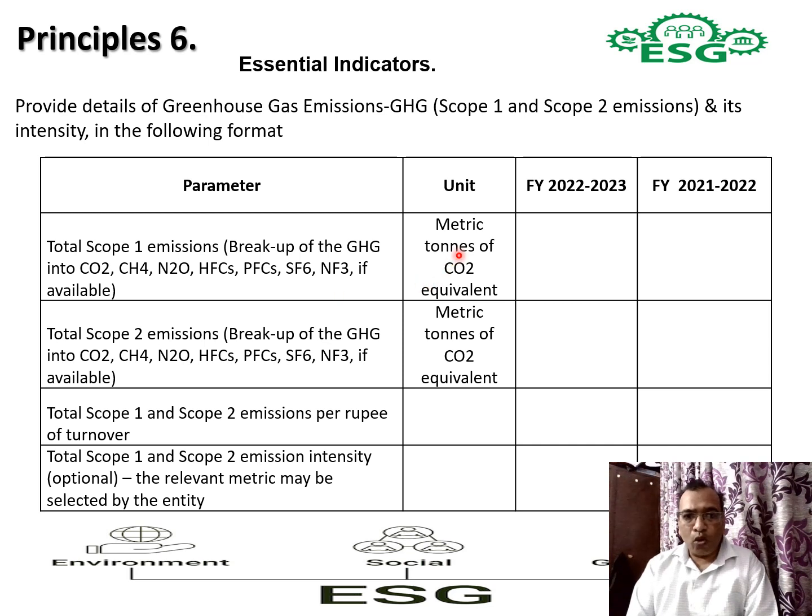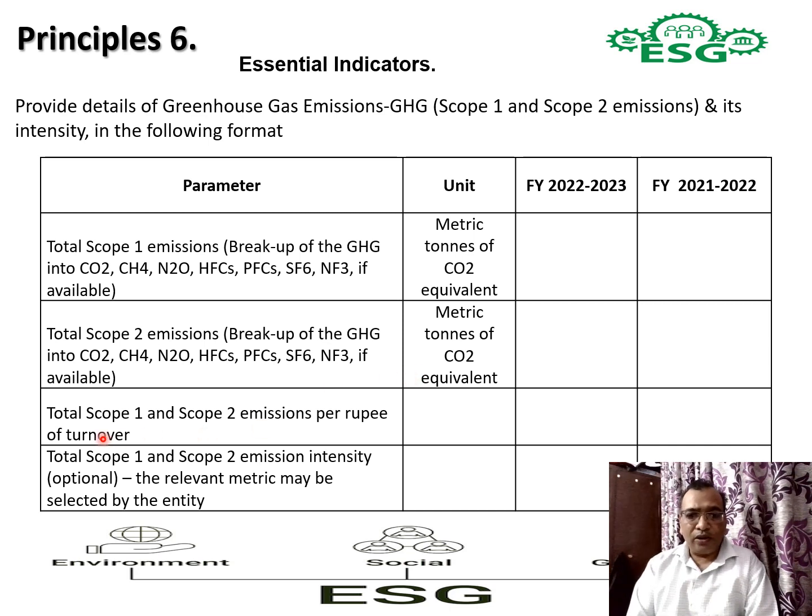So this you have to report in metric tons of CO2 equivalent for the current financial year and previous financial year. Then again, total scope 2 emission, that is breakup of greenhouse gases in CO2, methane, oxides of nitrogen, hydrofluorocarbons, perfluorocarbons, SF6, NF3 if available, in metric tons of CO2 equivalent.